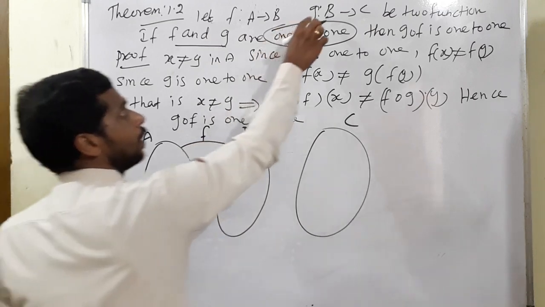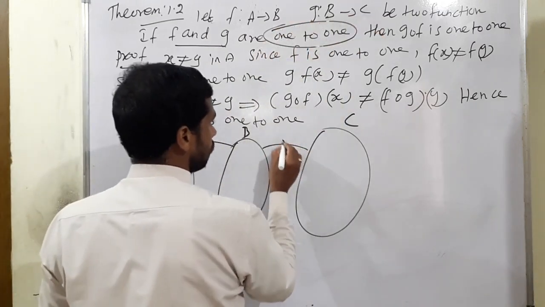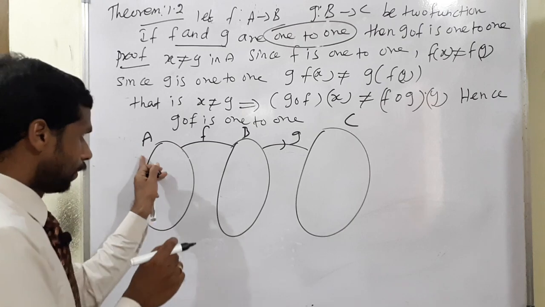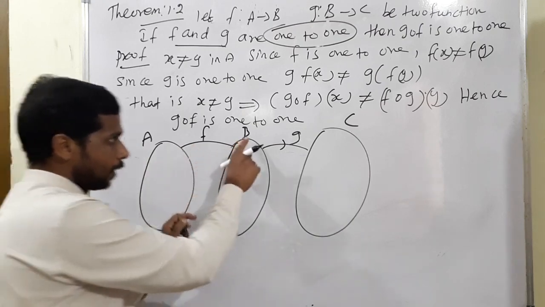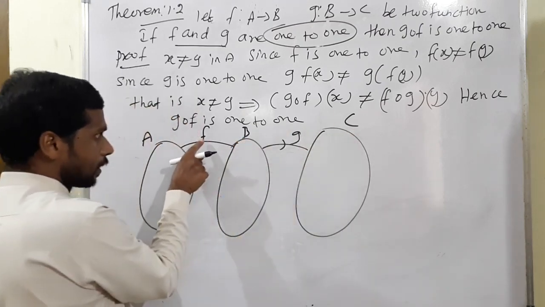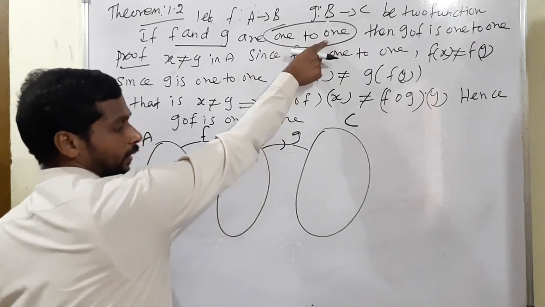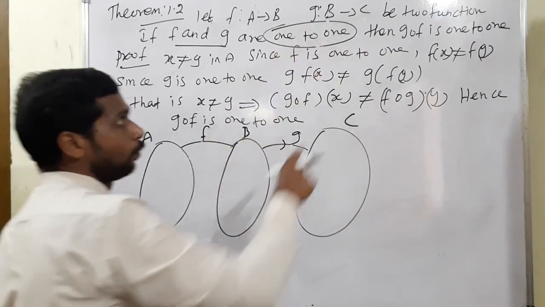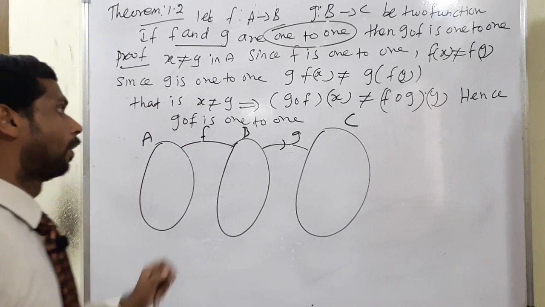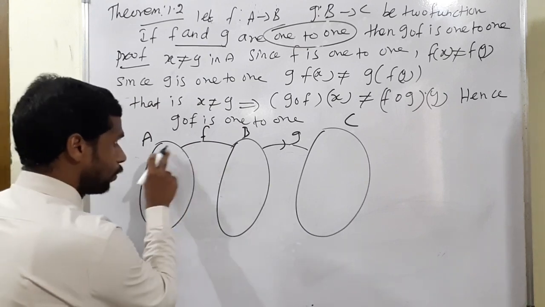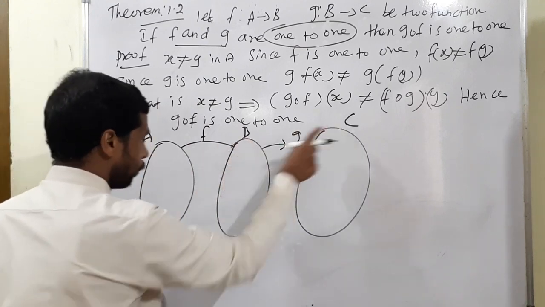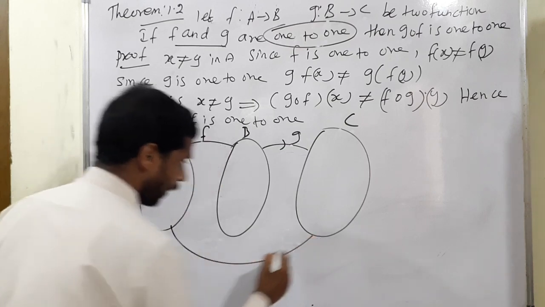At the same time the B to C function is g. So if A to B is a 1 to 1 function, then B to C is also 1 to 1. Then only we can say f and g are 1 to 1 functions. Therefore, we have to prove g dot f is 1 to 1. So we have to prove A to B is 1 to 1, at the same time B to C is 1 to 1, which means we have to prove this line.